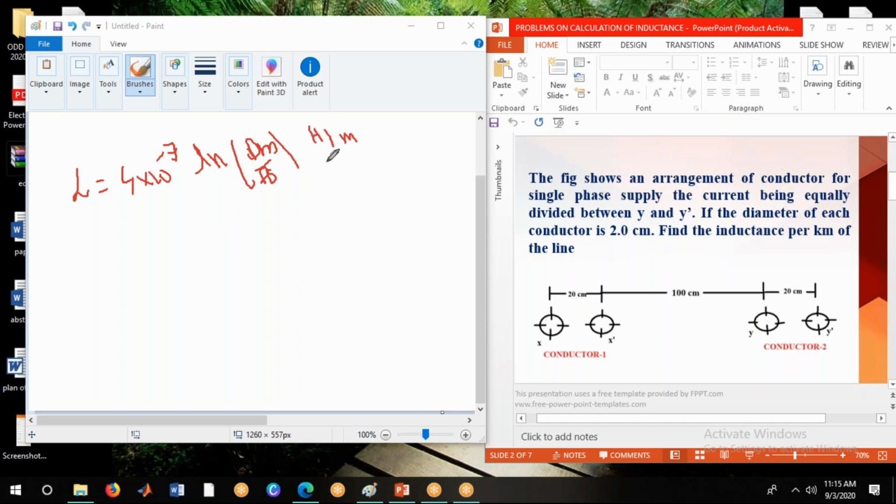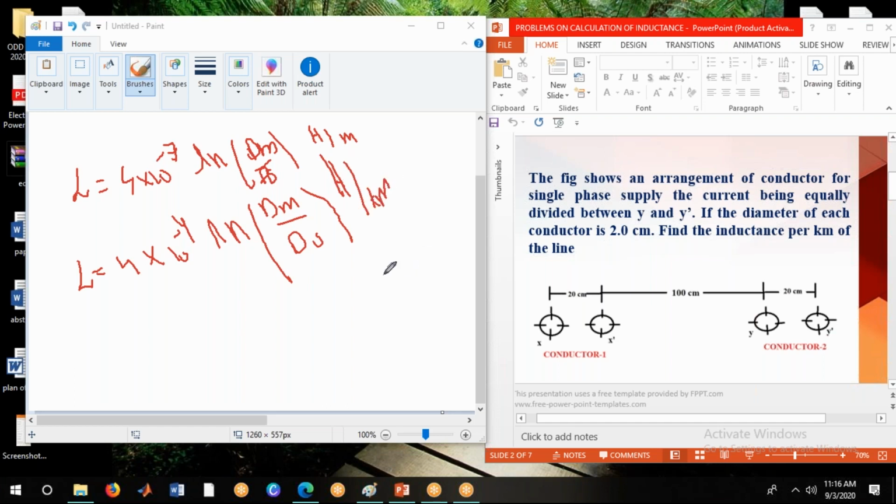Now I want to convert this formula to Henry per kilometer. So let me see how the equation will be. L equals 4 into 10 power minus 4, so 10 power minus 3 in the denominator, which becomes 10 cube. That 10 cube converts meter to kilometer. Then log dm divided by ds, Henry per kilometer.